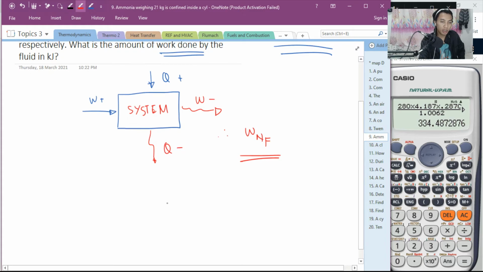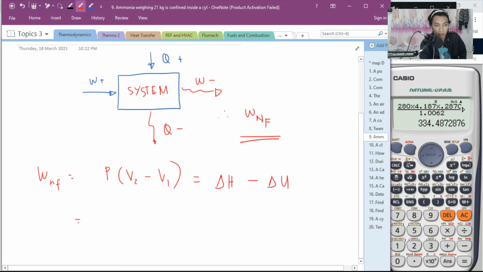So, for work non-flow, you are given the pressure and then the volume changes, P times V2 minus V1, where that is also equal to, binigay ko yan kanina, the change in enthalpy minus the change in internal energy.